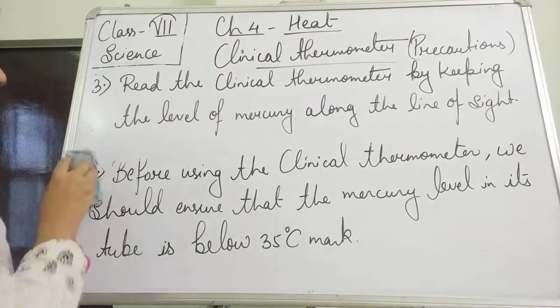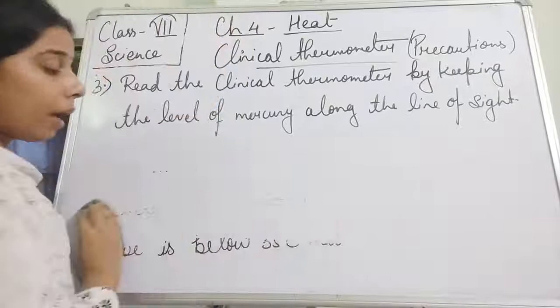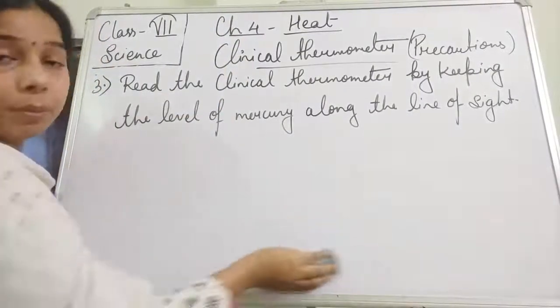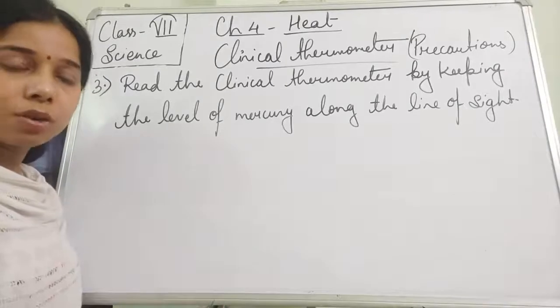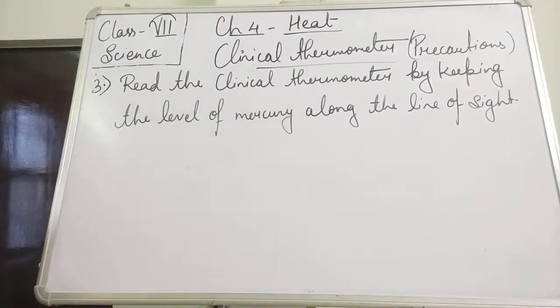The fourth precaution that we should take care of, students, is that while reading we should never touch the glass bulb. While taking the temperature, we should never touch the glass bulb.